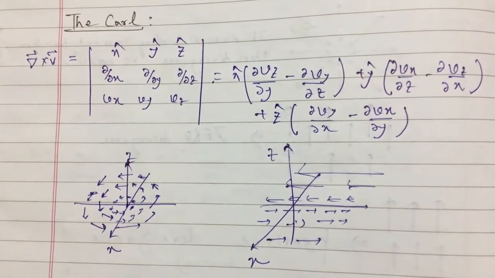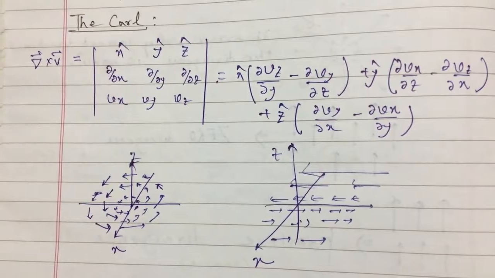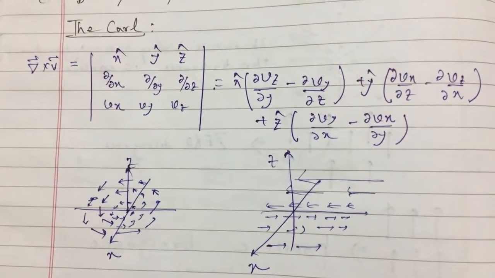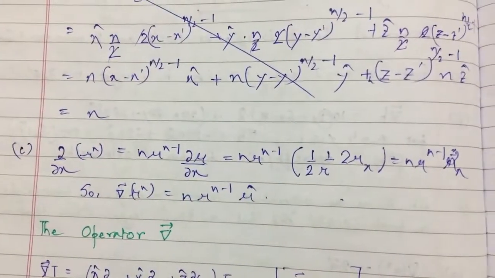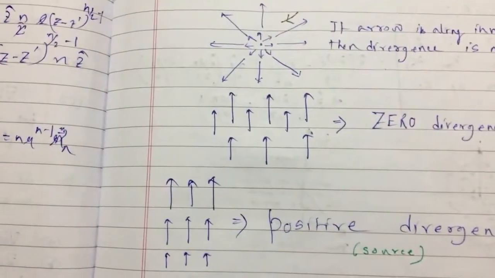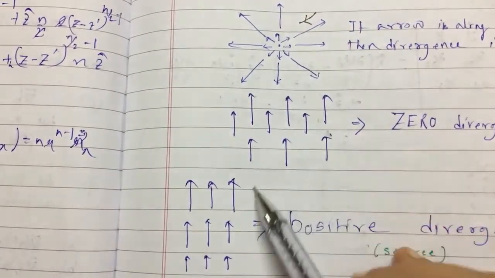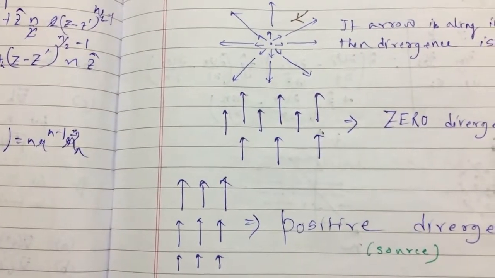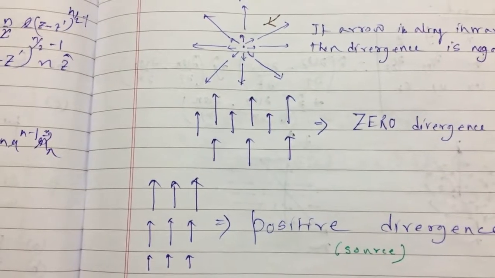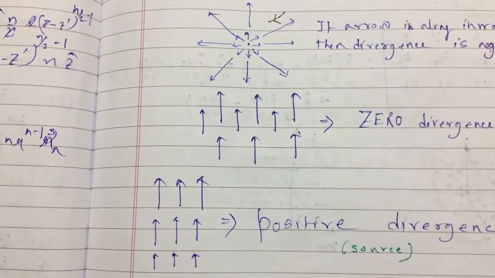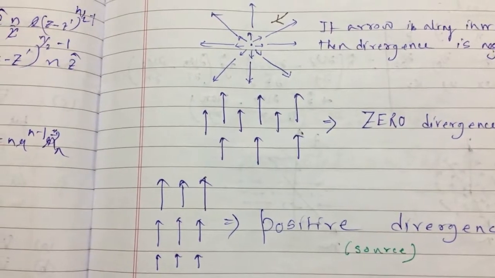So the three functions like what we have defined in our divergence section, in all the three pictures we can see that there is no rotation around a particular point. So all the three pictures correspond to zero curl.